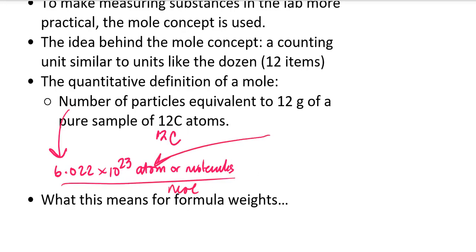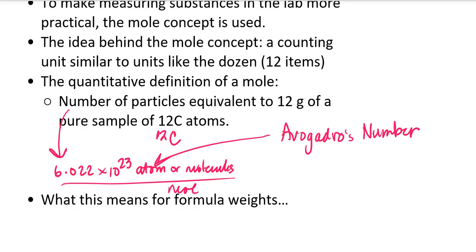This number is known as Avogadro's number. It's a useful conversion factor when we want to calculate the number of particles, be they atoms or molecules, in a mole involved in a chemical reaction. We'll take an example of that later on.